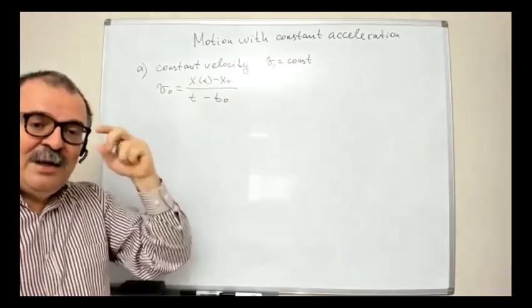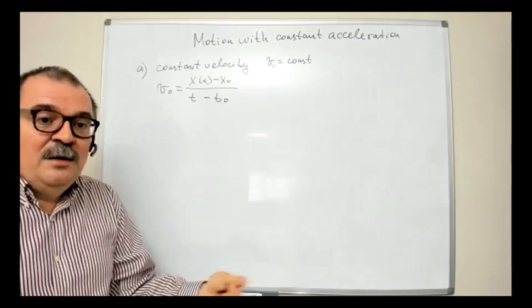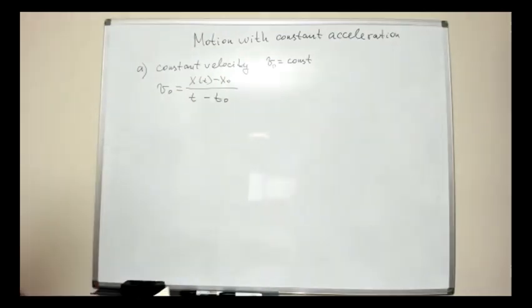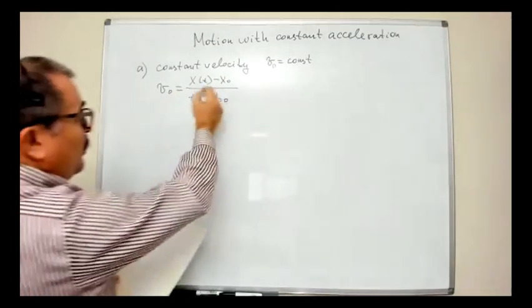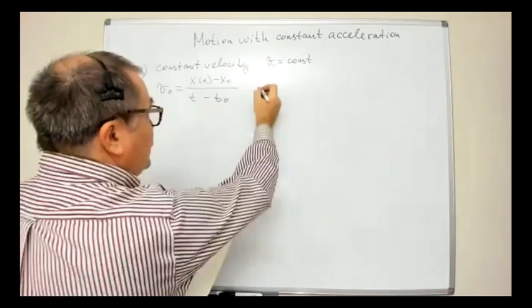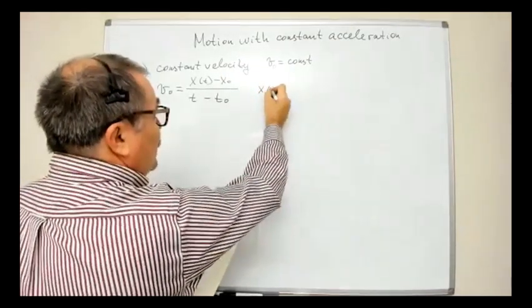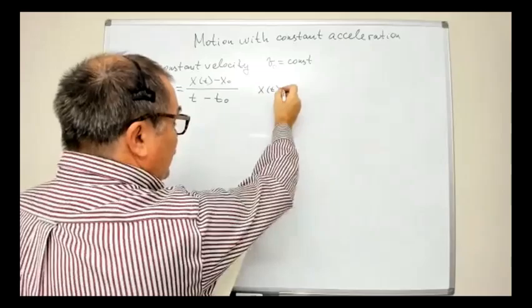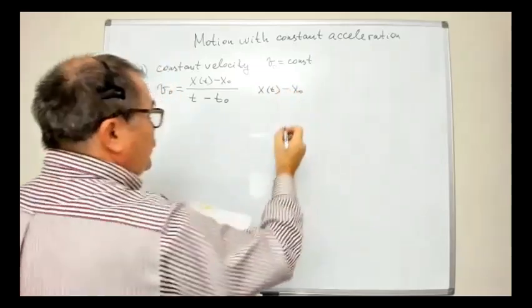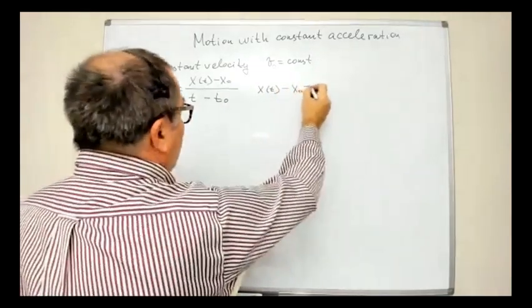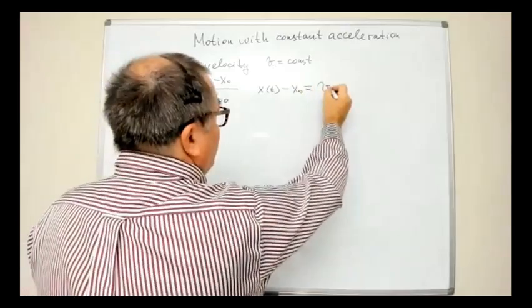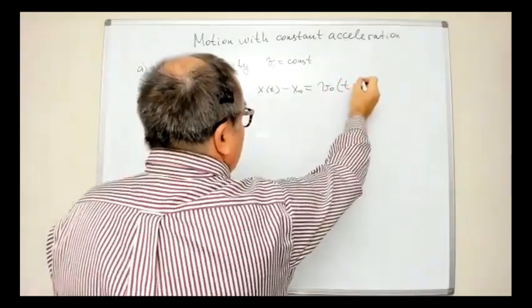So instantaneous and average velocity in that case are the same. Right. So now from this ratio, we can see that the position at moment t minus the initial position x0 equals v0 times t minus t0.